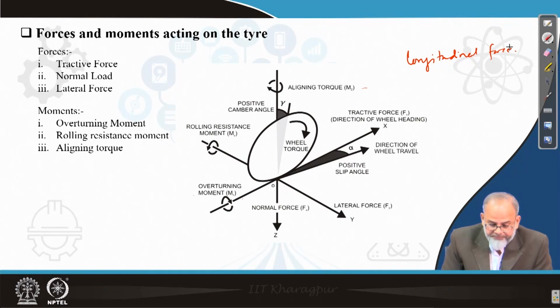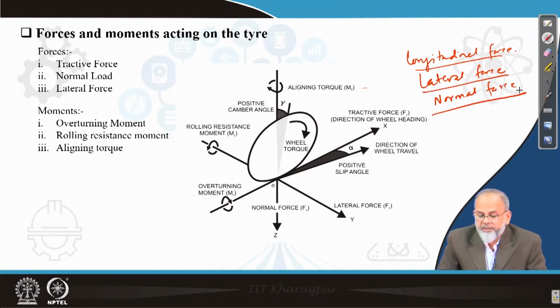When it is resolved in the y-axis, that is called lateral force. When it is resolved in the z-axis, that is called normal force. So these are the three forces from the ground reaction acting on the wheel.